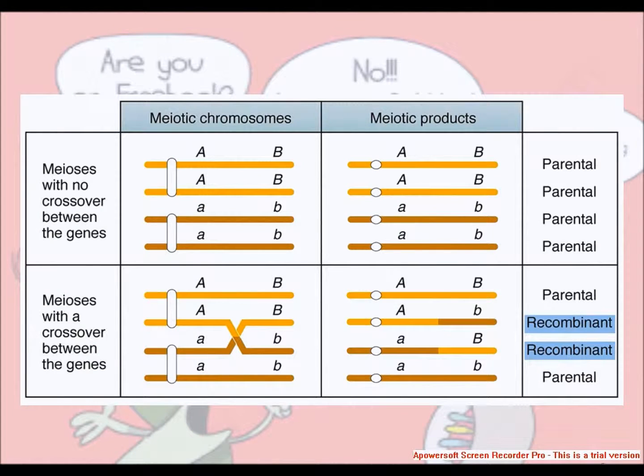In meiosis with no crossover between genes, all parental chromosomes are produced, but in meiosis with a crossover between the genes, two parental and two recombinant chromosomes are produced.